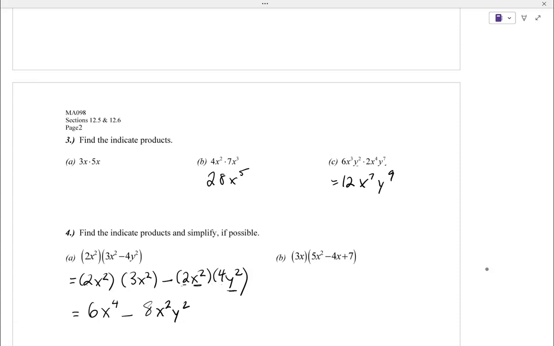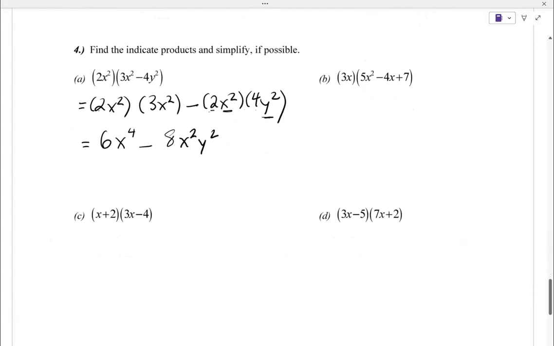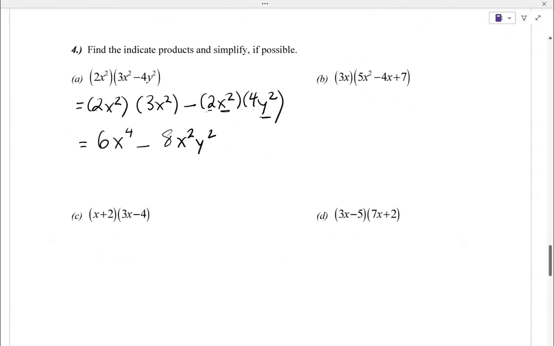Let's do another one here with distributing. Let's just look at part B there, make sure we're all on the same page. So again, when we've got that 3x out in front, we want to distribute it to everything, right?